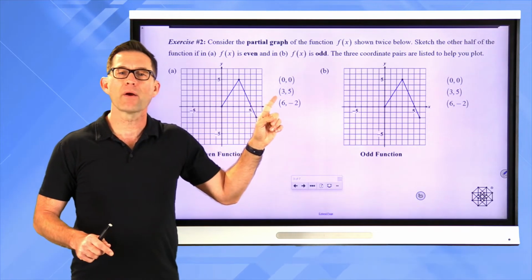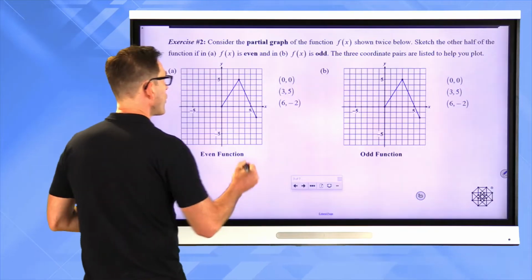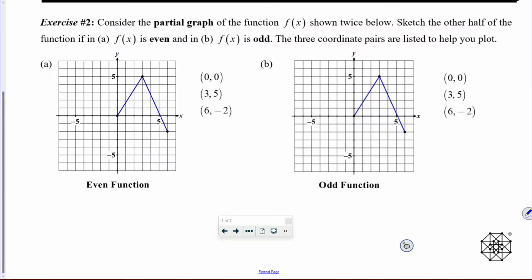But if I look at the pair 3, 5, for an even function, what I know is that for negative 3, I should also have positive 5, because opposite inputs give me the same output. And for that coordinate pair 6, negative 2, if I put in negative 6, I also have to have negative 2.